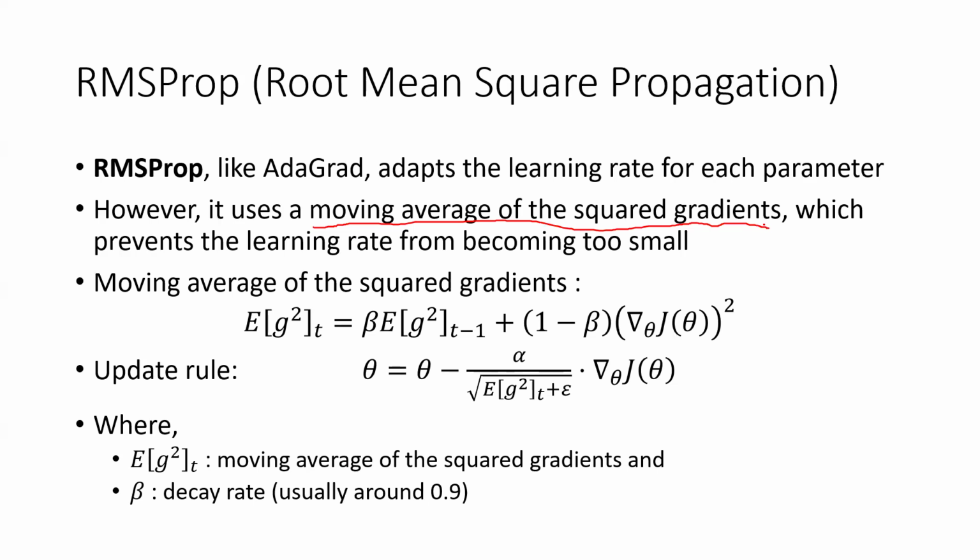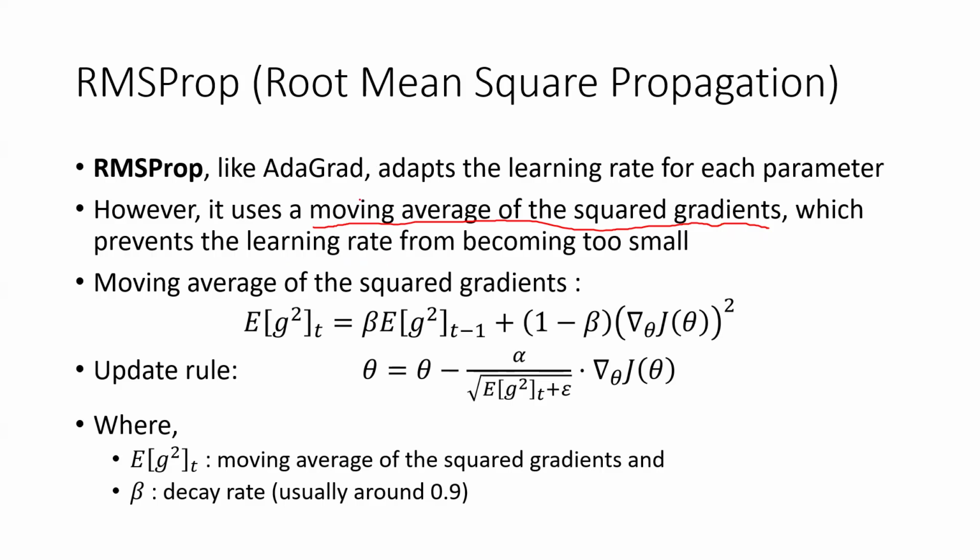In that case, because we are using moving averages, the effective learning rate would not become too small as well, right? When the learning rate is getting too small, these values will not get updated, so then the learning will not happen, right?